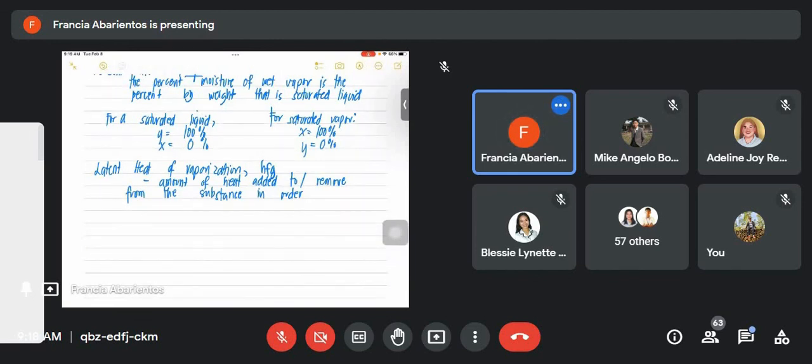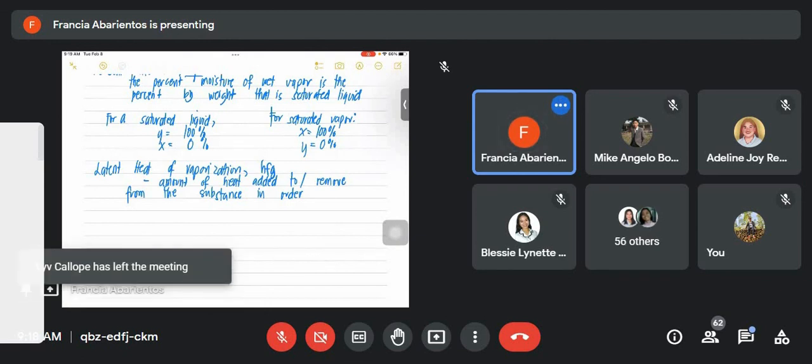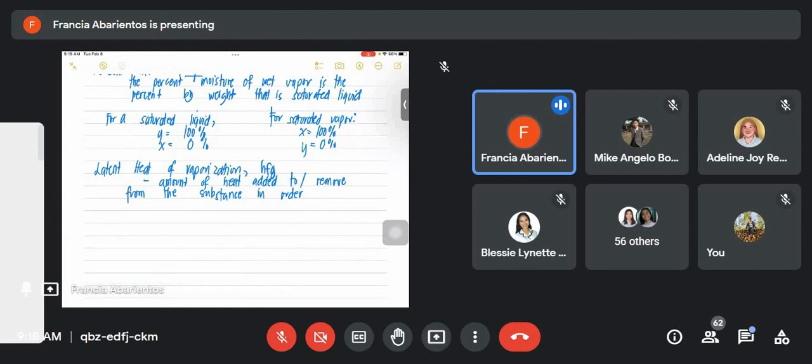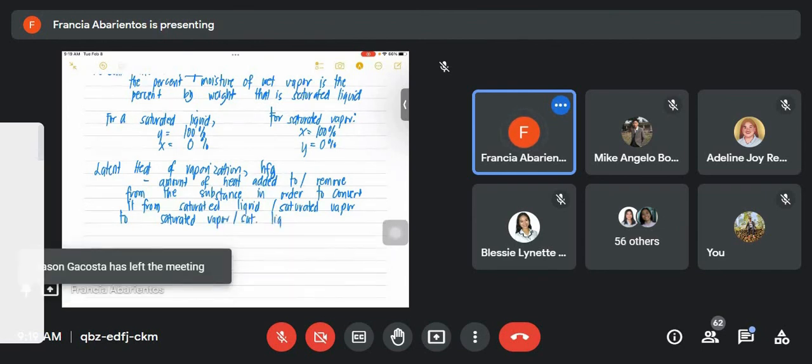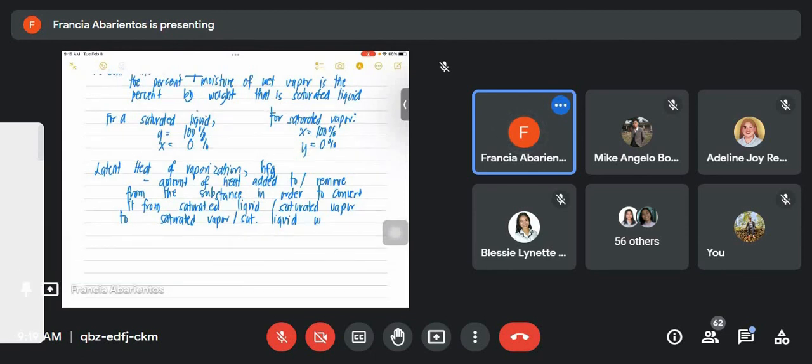It is used in computing the work of the compressors and condensers. It is important, class. In order to convert it from saturated liquid to saturated vapor or vice versa, with the temperature remaining constant.